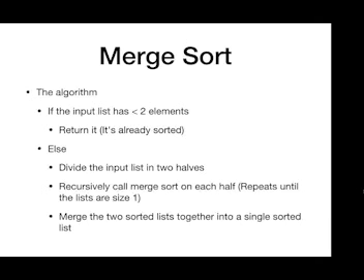Merge sort just calls itself on the lower list, and as it keeps repeating this step, it's going to keep making recursive calls until it calls itself on a list of size 1, and those are already sorted.